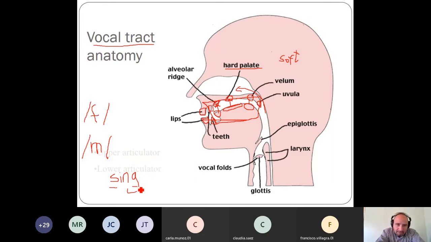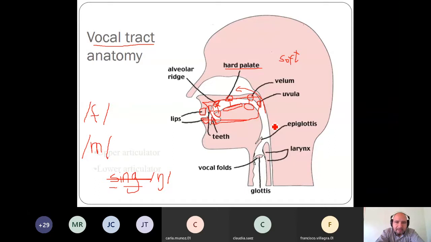Now, if we focus on the final sound of sing, which is represented by this symbol, if you feel your nose, you can feel vibration in your nose because the air stream is escaping through your nose.